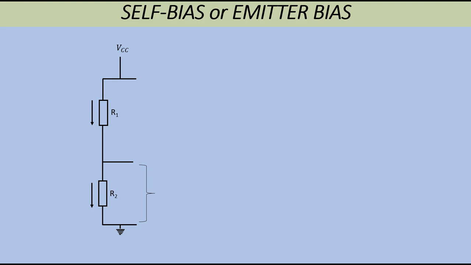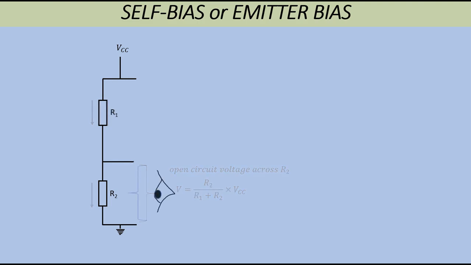We first want to look at the open circuit voltage across the terminals at this point, the open circuit voltage across R2. We can see that, as a potential divider, the open circuit voltage across this resistor is R2 over R1 plus R2 times the supplied voltage, which is denoted as VCC.